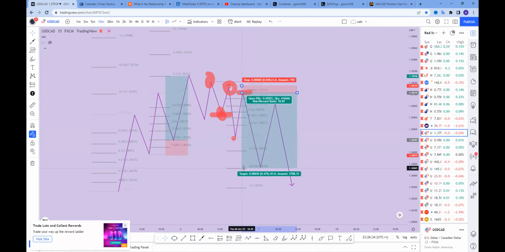And what's our risk to reward ratio at that point? 10.87. Which means that if you took this trade and your risk was $10 or $20 or $30, by the time it got to this take profit, you have just made $200. If you risk $30, you have just made $300. If you risk $10, you have just made $100, or let me say $108. If you risk $1, you make $10.8.